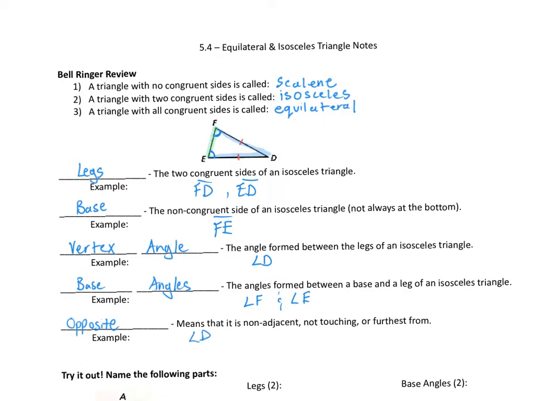It's non-adjacent, not touching, furthest from. So that vertex angle and our base are opposite from each other. If I drew a little arrow, that would be considered our opposite.